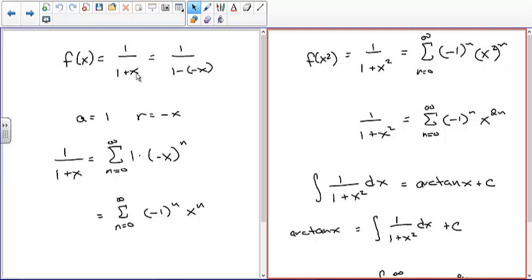So I'm substituting x squared for x in the infinite series representation as well. Instead of x^n, it's (x squared)^n, and using the properties of exponents, that's just x^(2n).